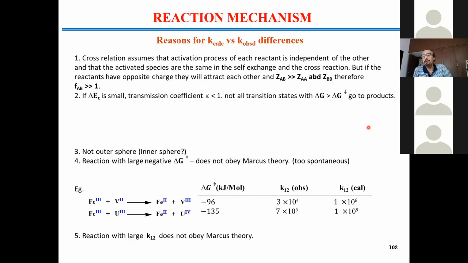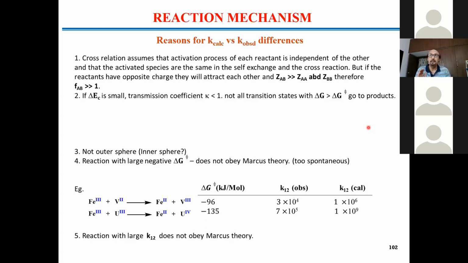And one more important point raised: if the reaction is not completely following the outer sphere, and a certain percentage of inner sphere component is there, then suddenly it will not match.